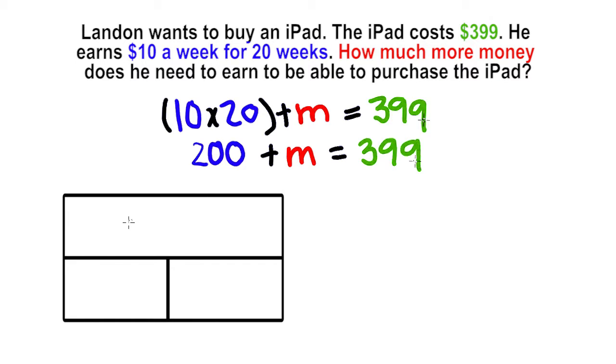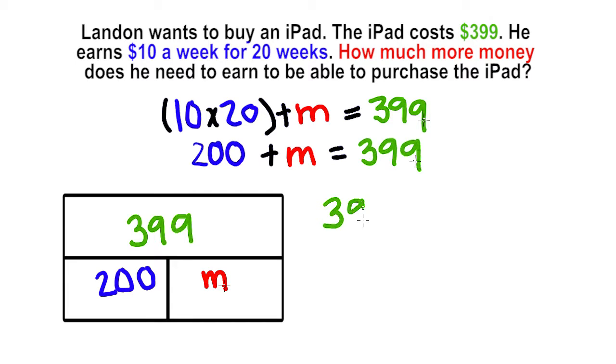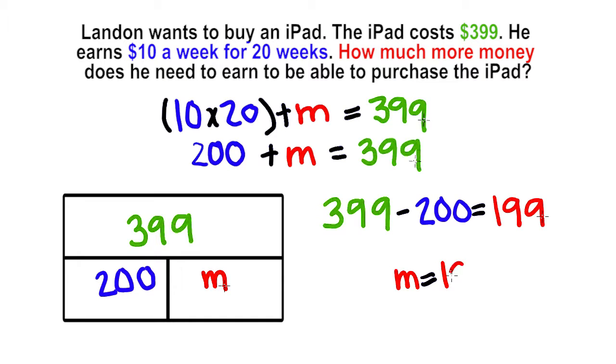The total will be 399 at the top, and he already has $200. I need to subtract 200 from 399 to find M. I can do this with mental math totaling M equals $199. Landon still needs $199 in order to purchase his iPad.